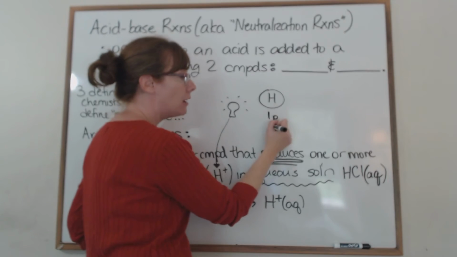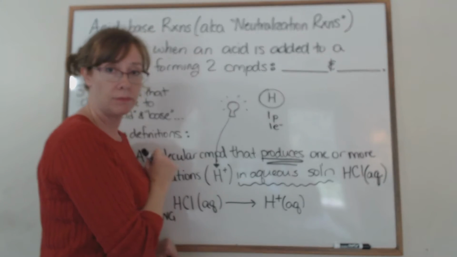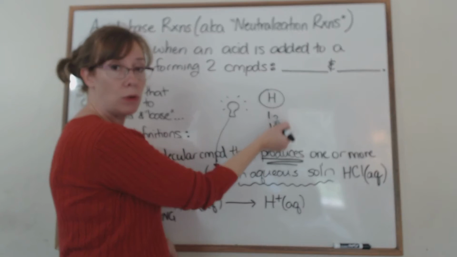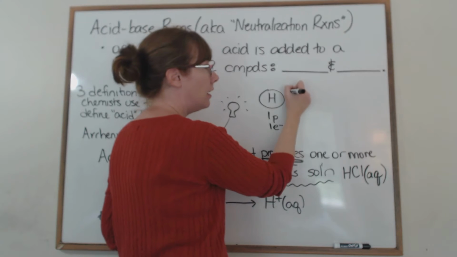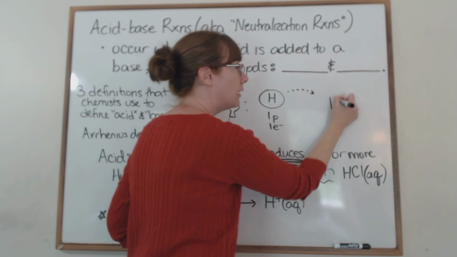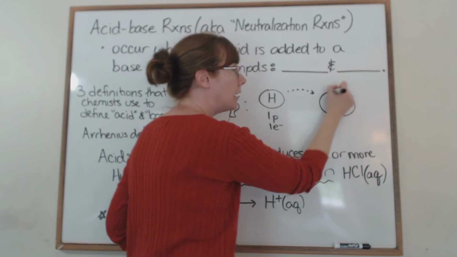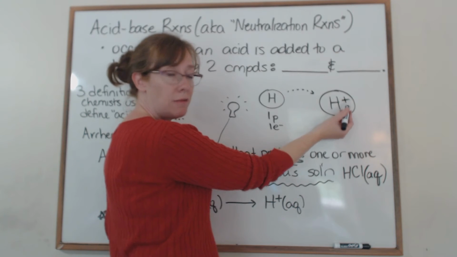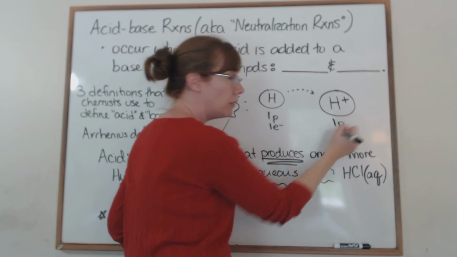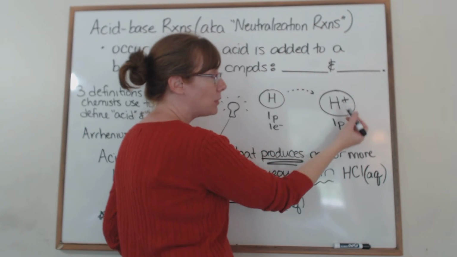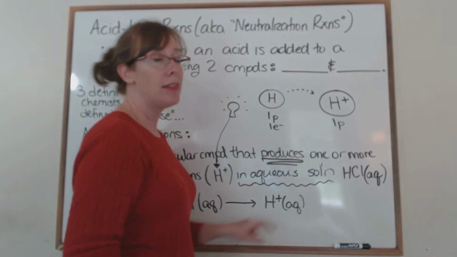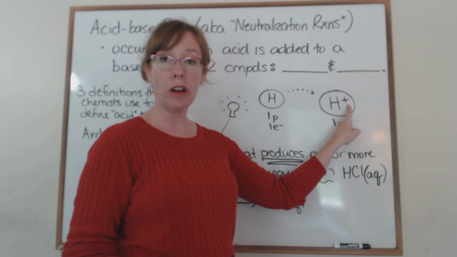And the hydrogen atom would have one electron, because atoms have equal numbers of both, because atoms are neutral. But when it becomes H+, when we're talking about the hydrogen cation, remember, your proton is still there. Protons don't ever come and go. But essentially what's happened is it's lost its electron. That's why it has a positive charge.